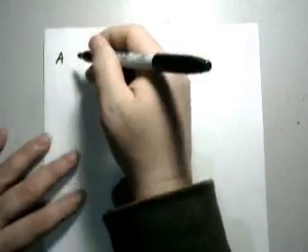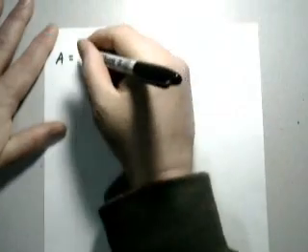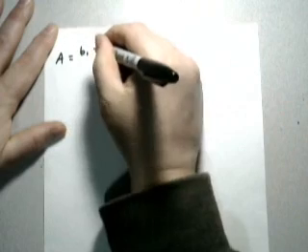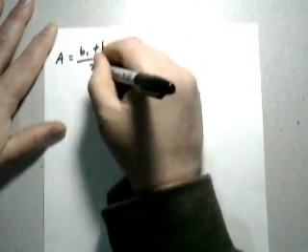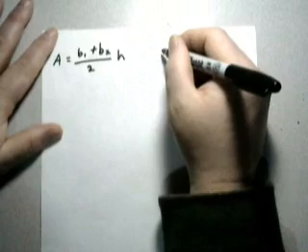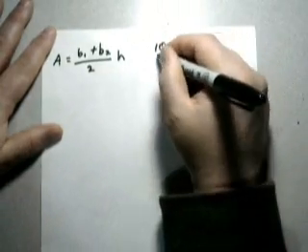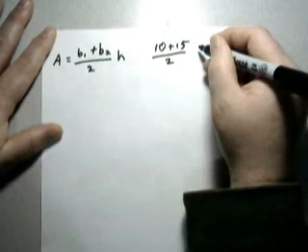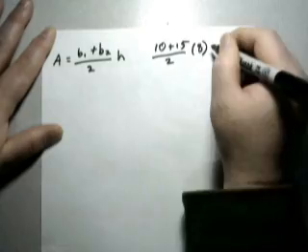Okay, so area of a trapezoid is equal to B1 plus B2, base 1 plus base 2, divided by 2 times the height. So the area of the trapezoid for A, we're looking at 10 plus 15 divided by 2, multiply that by 8.